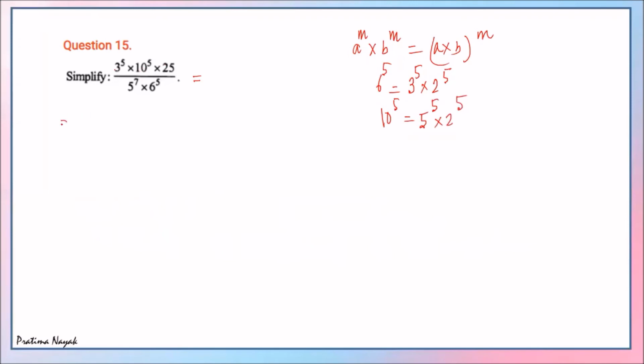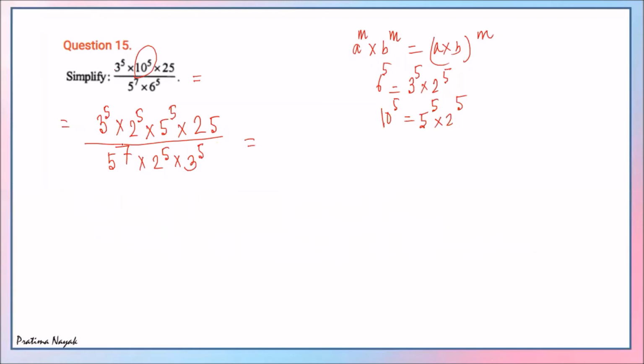So I am writing now 3 to the power 5 into 10, breaking it into 2 and 5, so 2 to the power 5 into 5 to the power 5. And 25 will be as it is, I am not touching it. Next is 5 to the power 7 and 2 to the power 5 and 3 to the power 5. So I break 6 to the 5 as 2 to the 5 and 3 to the power 5.